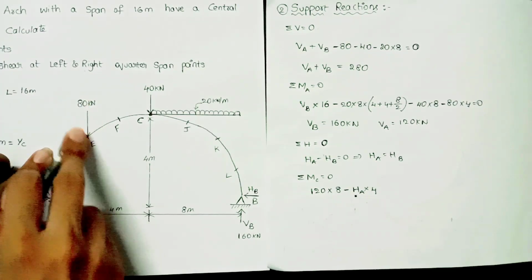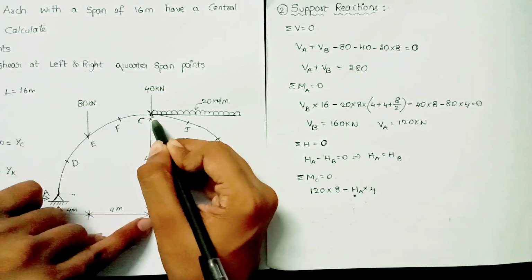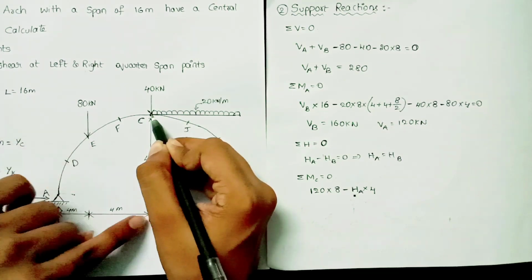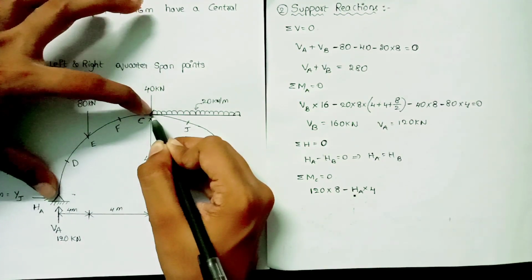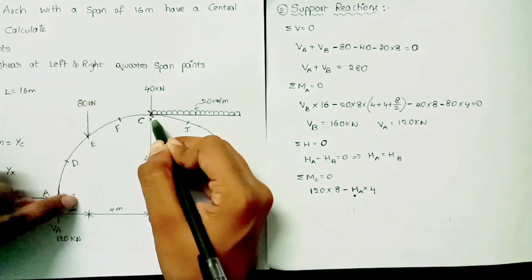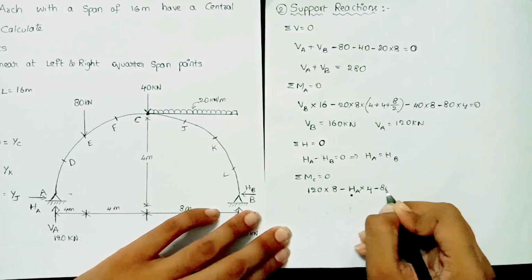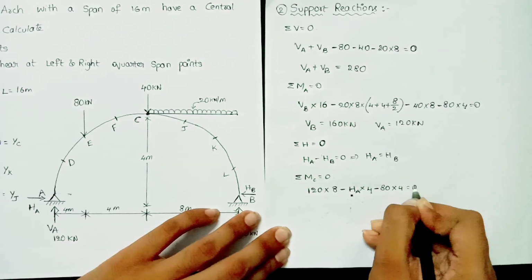Now this load, taking about point C, this load into perpendicular distance, 80 into 4. This is making the arch move in the downward direction. It is a hogging moment. 80 into 4. So since it is a hogging moment, minus 80 into 4, finally equal to 0.